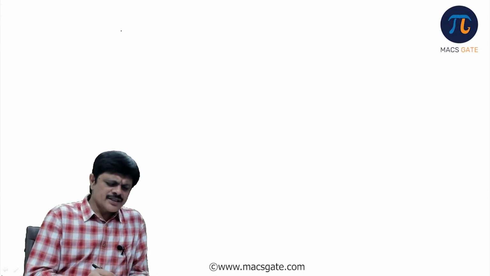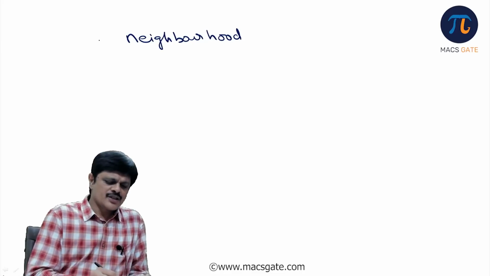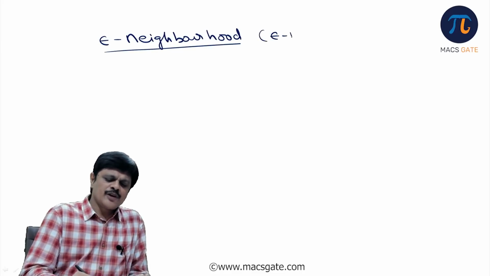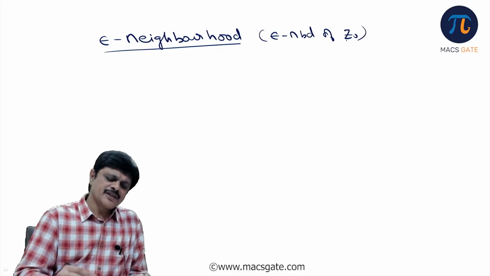One more interesting concept with which we conclude this basics, that is called neighborhood. Actually we call it epsilon neighborhood. We simply write epsilon NBD of a point Z0. What is epsilon neighborhood of a point Z0, sir?